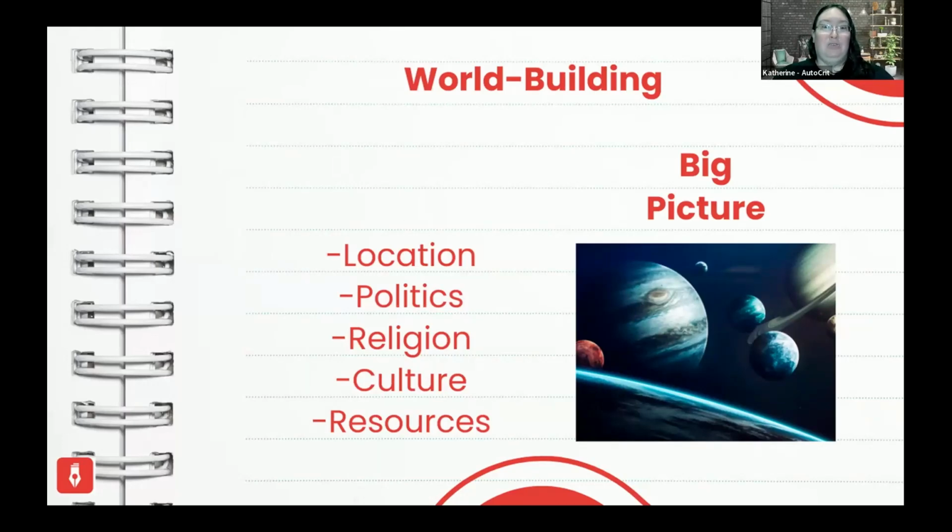Is religion oppressed or in control of things in your world? How does the culture affect your main character's life? Cultural expectations about love, about education, about work ethic, about the way you live your life on a day-to-day basis. And what resources do your characters have that are going to aid or hinder them as they go through the journey you are about to send them on?